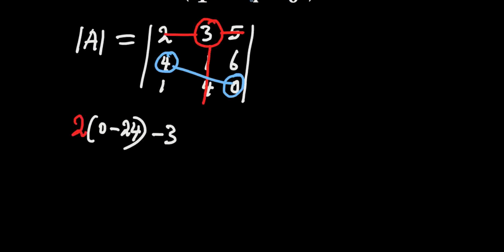So 4 times 0 is 0. So just open a parenthesis. That gives you 0. Minus this 6, use it to multiply this 1. So 6 times 1 is 6. Close the parenthesis. So the next part will be positive. Now let's get rid of all this.